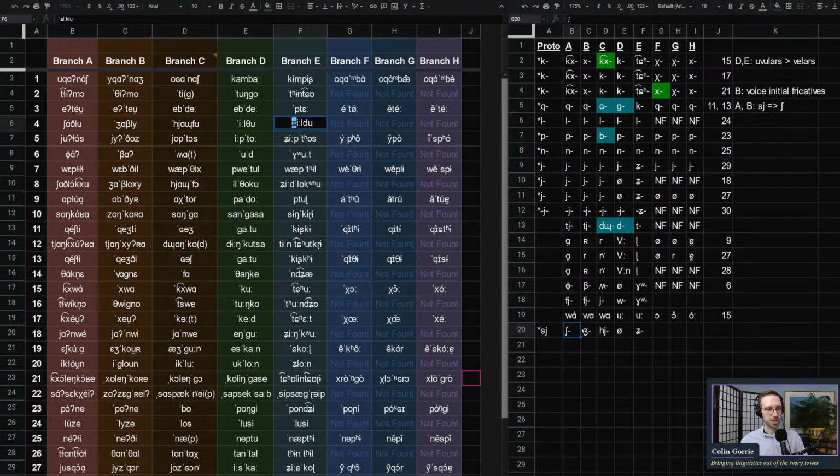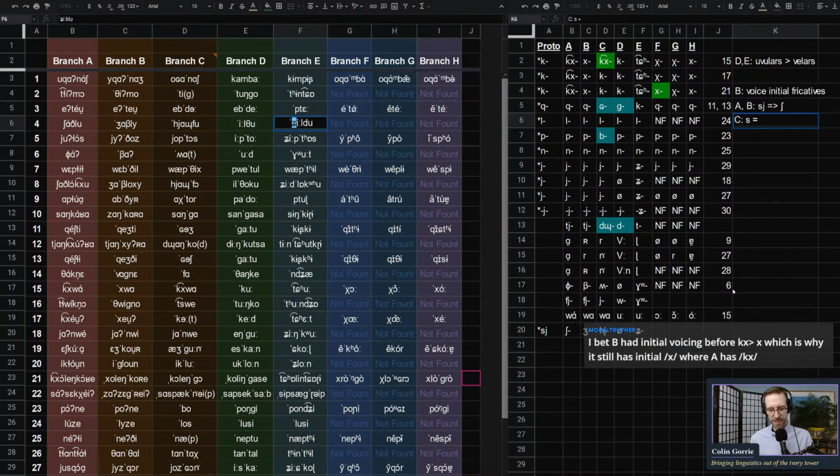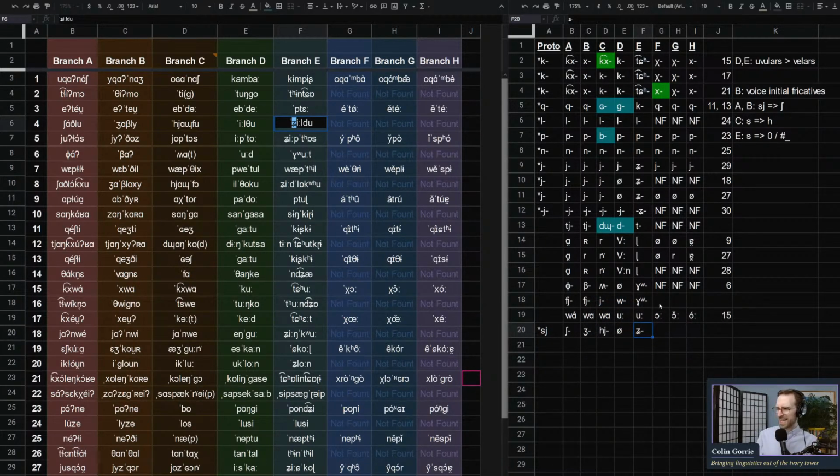So that would give us sh and zh. And then C going from S to H would give us hya. And then E losing S, so S deleting word initially, would feed into the word initial fortition of ya to zh. And I think that will get us this entire cognate set.